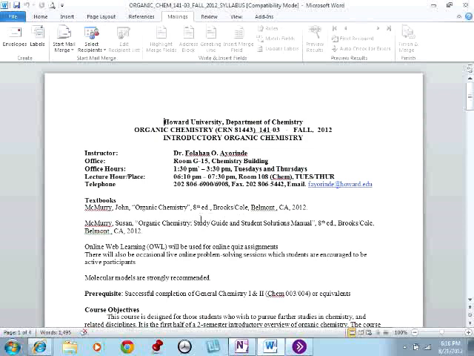Also, we are going to be using the solution manual of McMurray. In addition to that, we are going to use the online web learning software that comes with the book. The acronym for that is OWL. See right here. You see it? See my cursor?